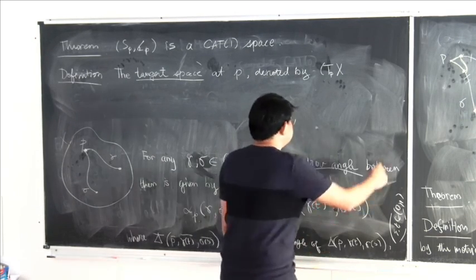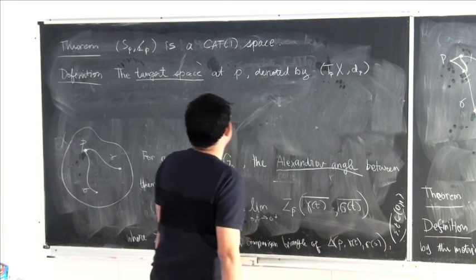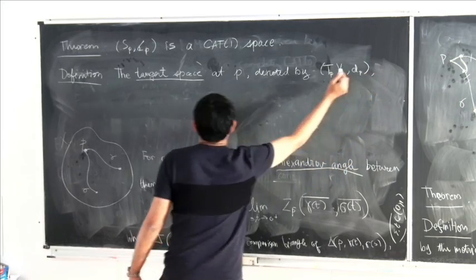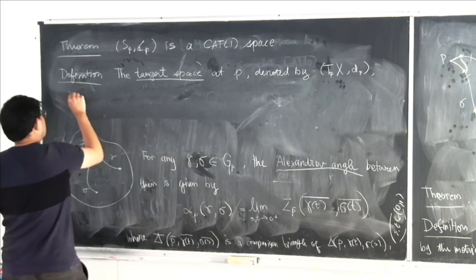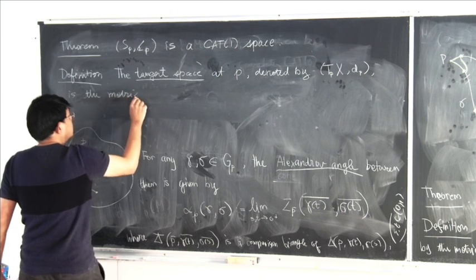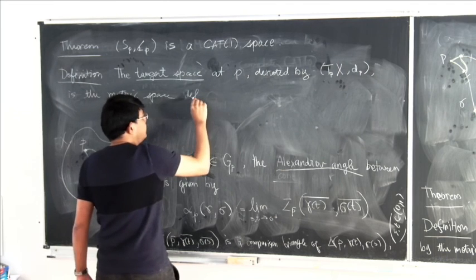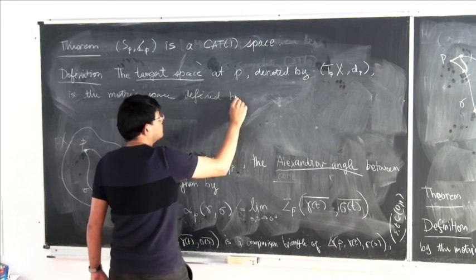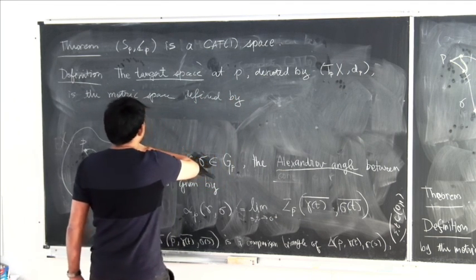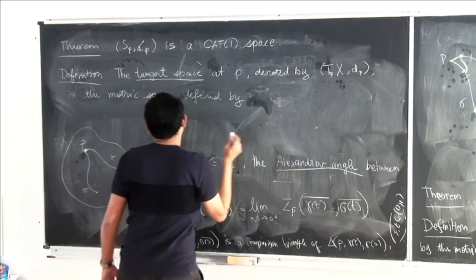So TPX and DP is the metric space defined by, let me write it here.